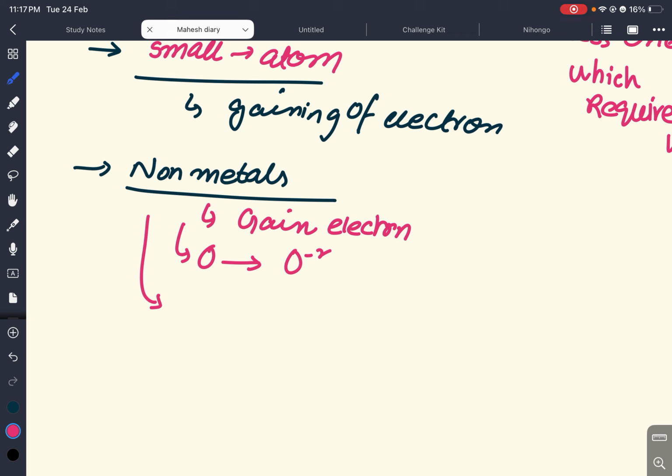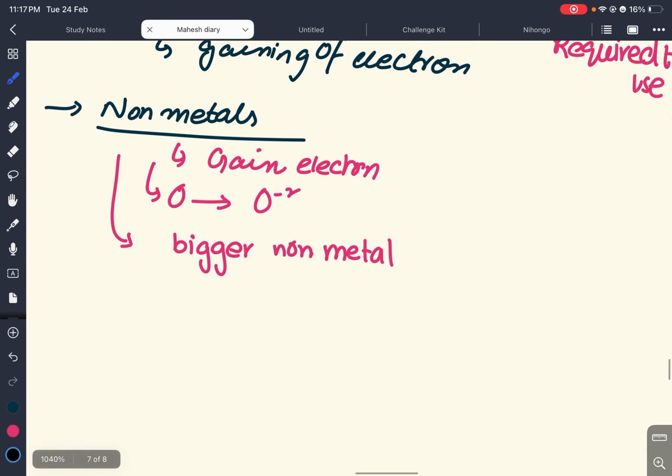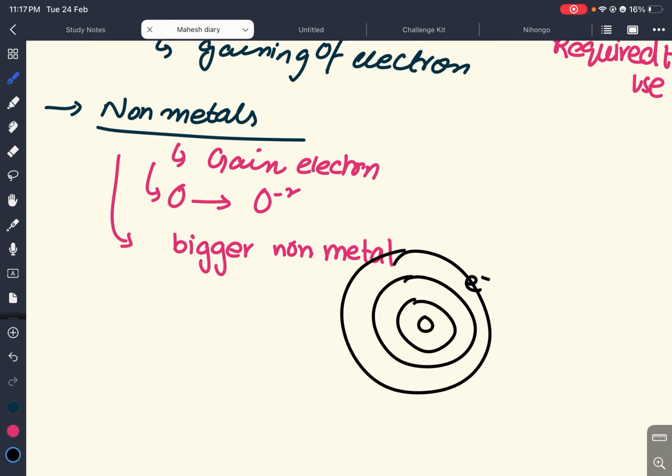If we have a bigger non-metal, the distance between the nucleus and the electron is quite large.